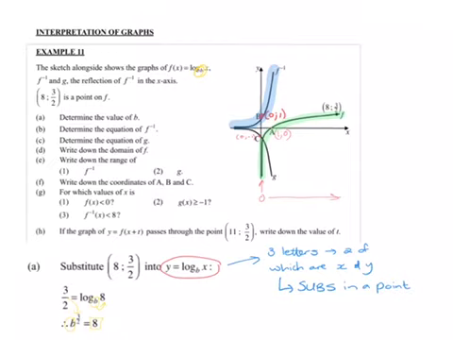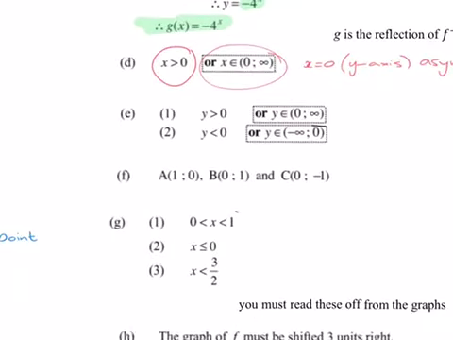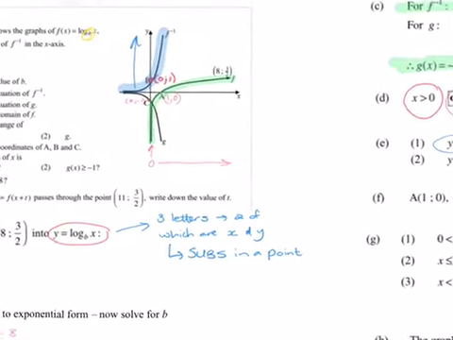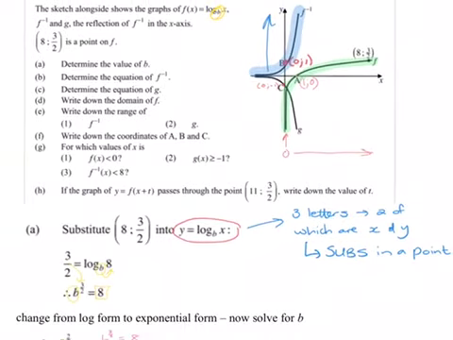So it means that our graph can't touch the x-axis, so the y values are going to start at 0 and move their way up to infinity, but not including 0. So either you can say y is going to be greater than 0, or you can use your notation with your brackets. So then we are working with the reflection graph now.